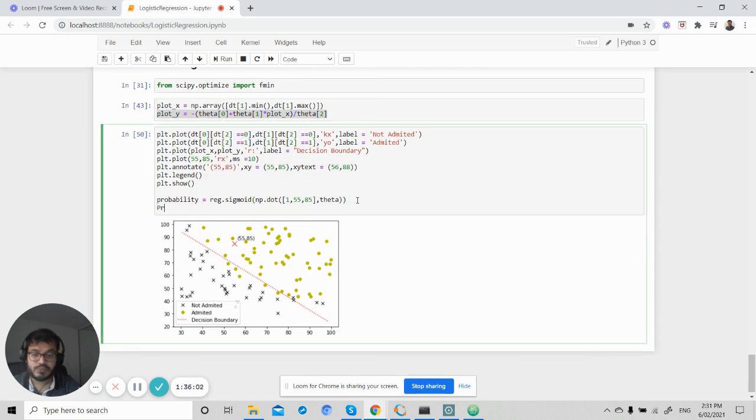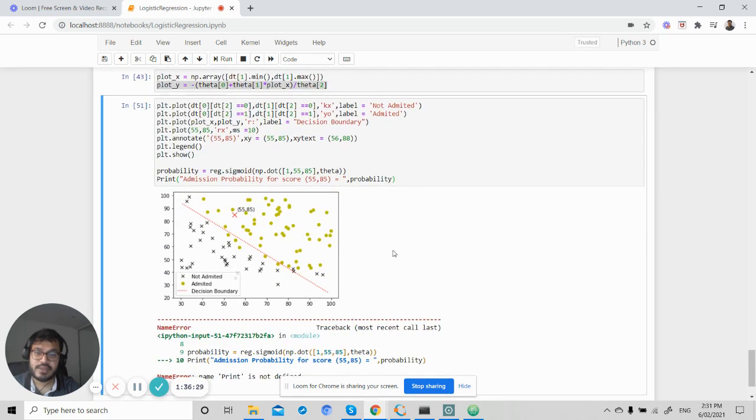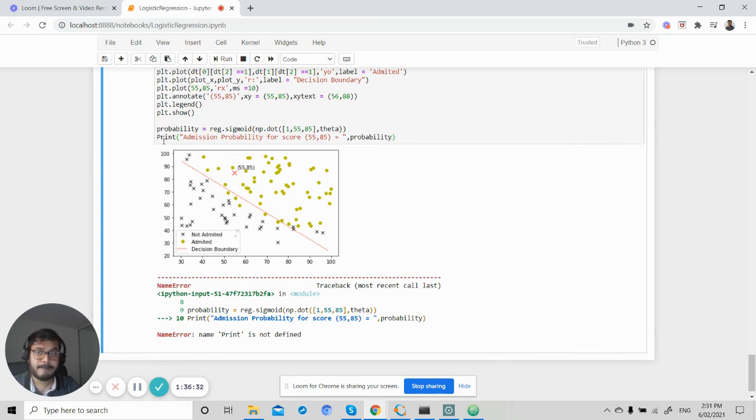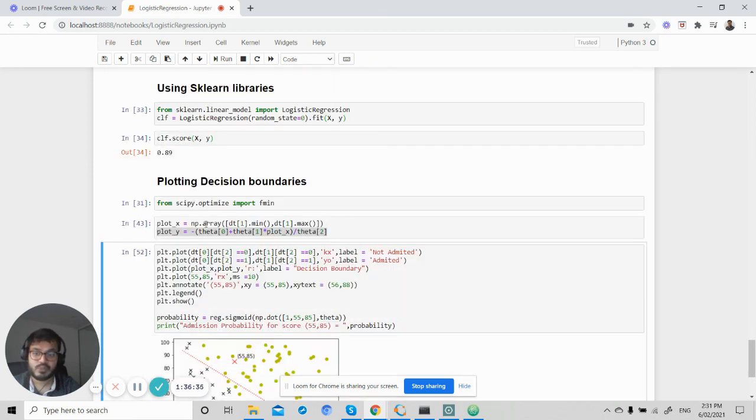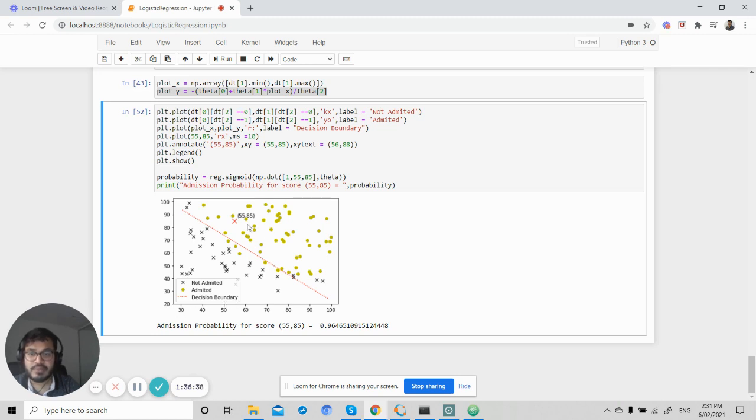Admission probability for score 55 comma 85 is equal to the probability. So we can say this is admitted because it falls under the admit zone and the probability is 96%.